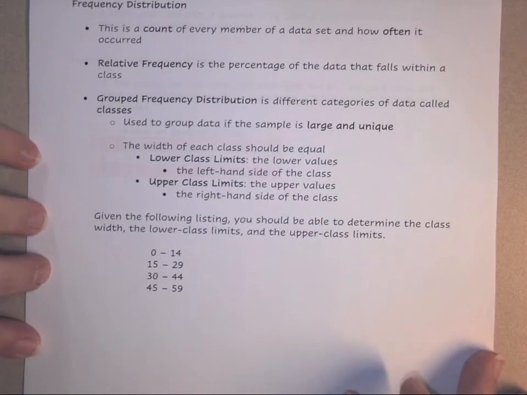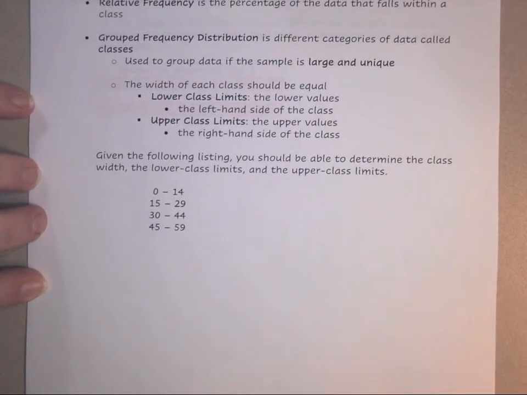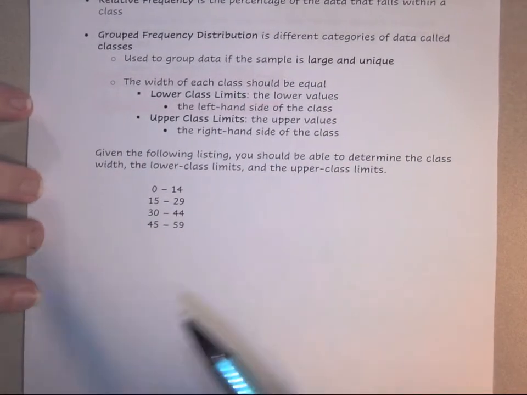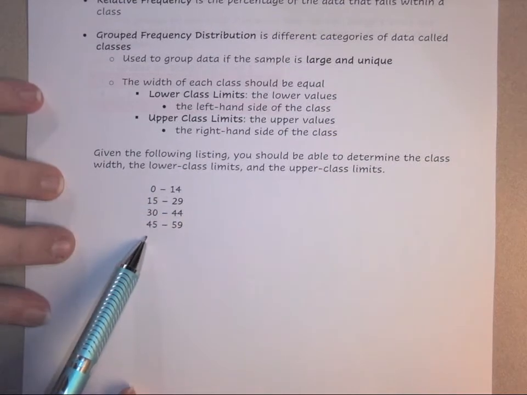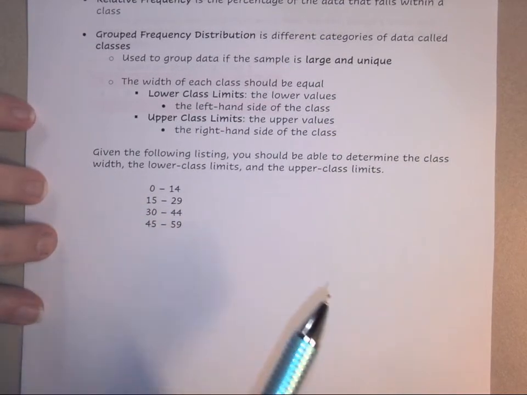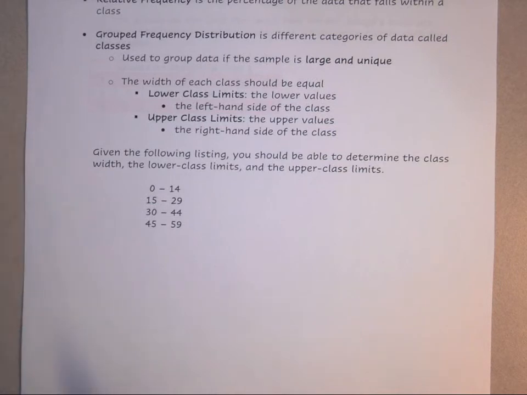So because that's a very unique thought process, here I have a listing of some different class limits. In order to understand what's going on here, first and foremost, we have to calculate the class width. One of the things that we're looking at is the number of data that shows up in your class.